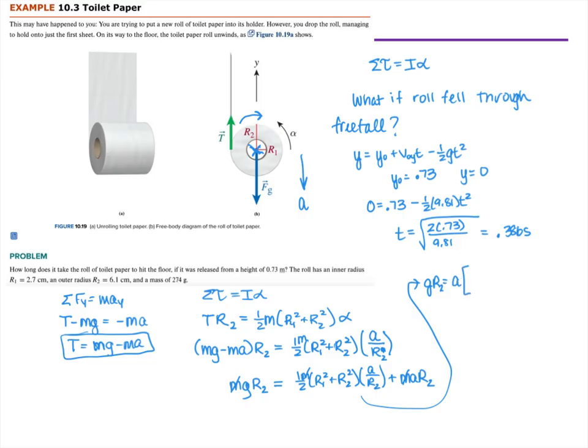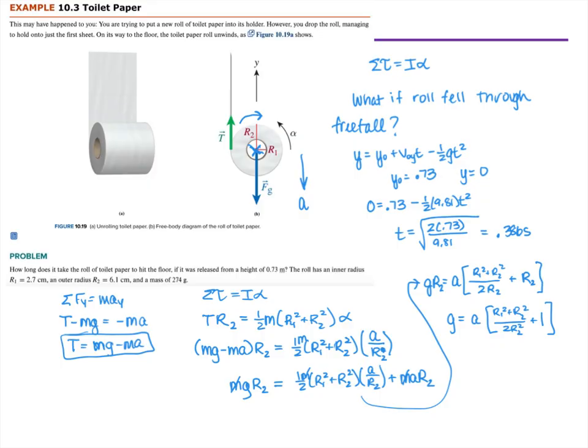It's going to be kind of messy, but it's okay. And then I'm going to divide through by an r2.